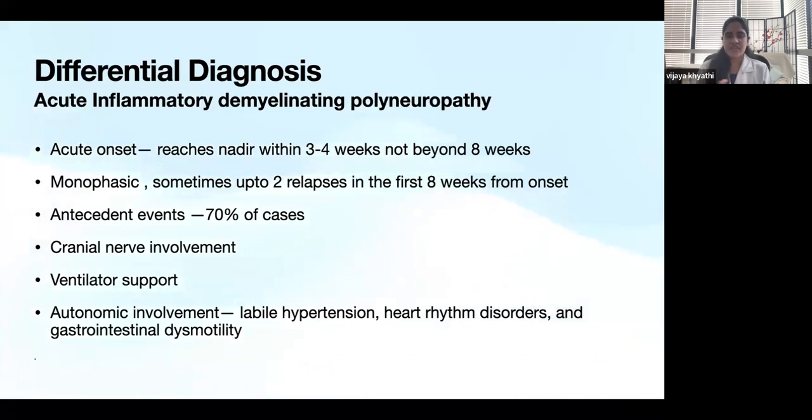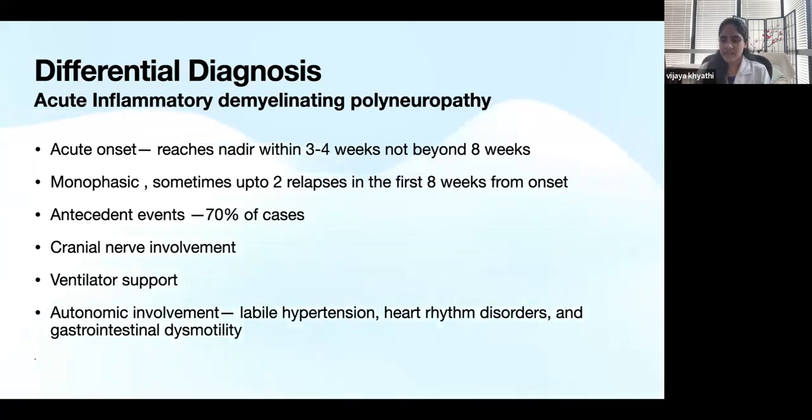It is differentiated from CIDP as it is acute in onset: AIDP reaches its nadir usually within 2 to 3 weeks, but not beyond 8 weeks, while CIDP has a minimum disease progression of 8 weeks. AIDP is monophasic, but it can have relapses up to 2 times within the 8 weeks of disease onset, whereas CIDP has multiple relapses.